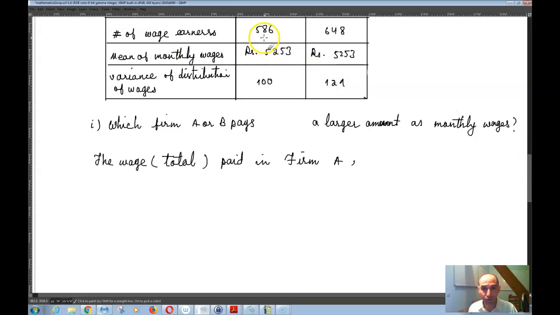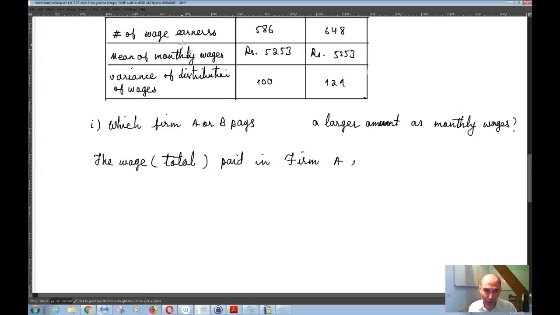Of course, this is not the exact amount of the wage that is paid to these people, because this is the mean of monthly wages. What that means is that one wage earner earns more and one wage earner earns less, so that's the mean of all of those values.